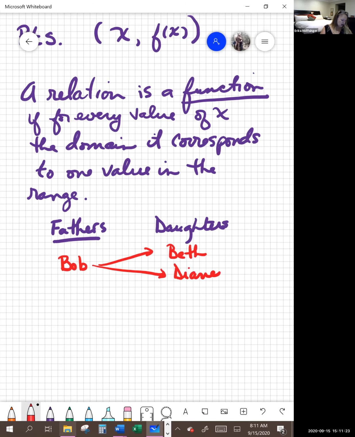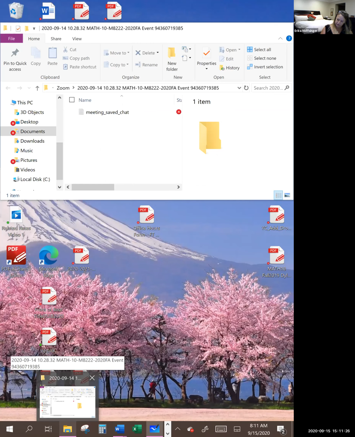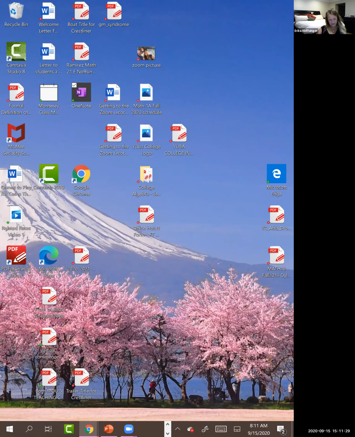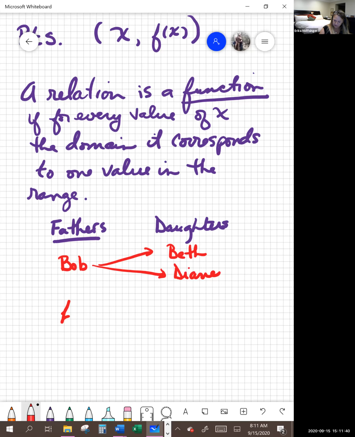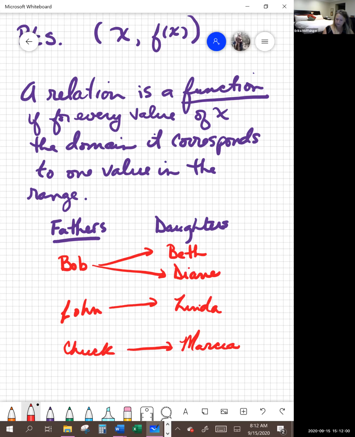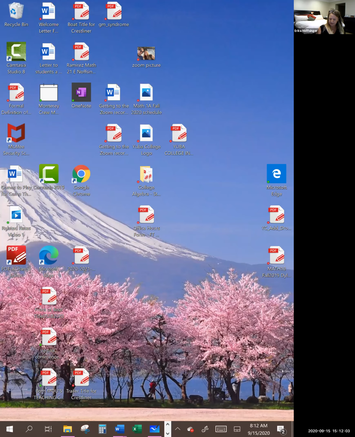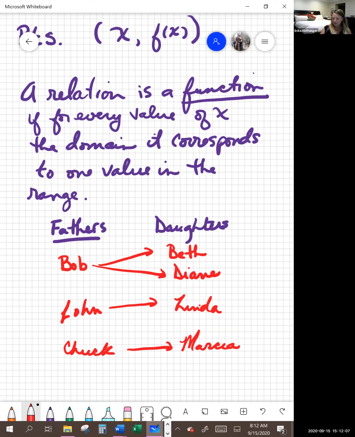And then there's John, and his daughter is Linda. And there is Chuck, and his daughter is Marcia. So looking at this, you should be able to tell what the domain is and what the range is.